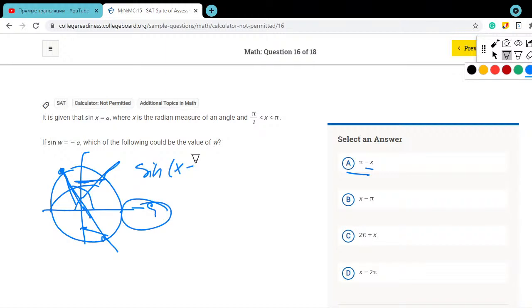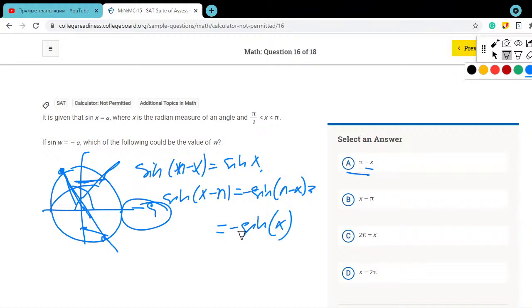Pi minus x would be sine x. But if you use sine of x minus pi, you would get minus sine x. This is this.